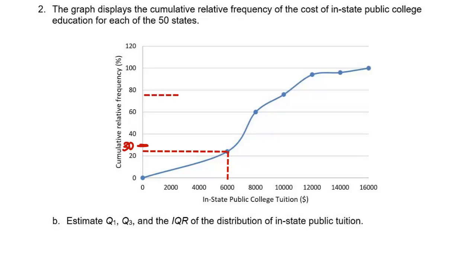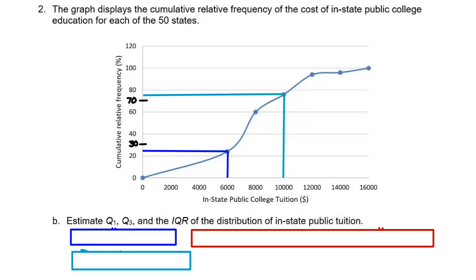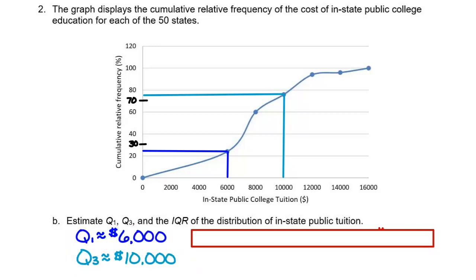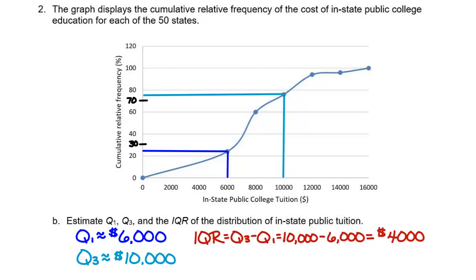About 10,000. 75 is going to be about-ish here. Follow that over and take it down. Looks like it's at about 10,000. So Q1 is 6,000. Q3 is 10,000. So what's our IQR then? $4,000, yes. Q3 minus Q1 gives me 4,000.